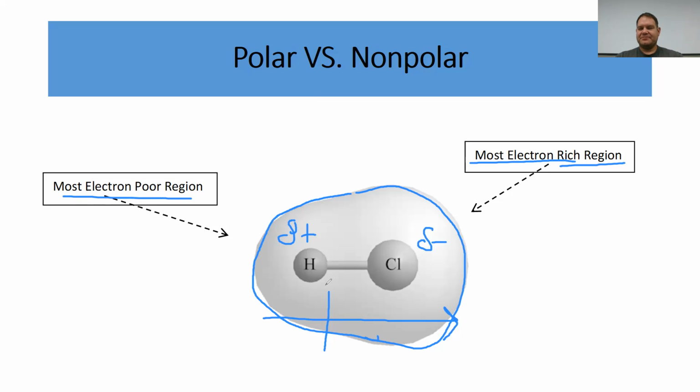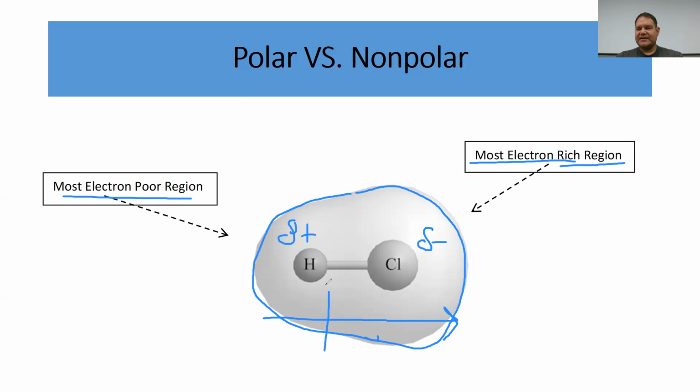A couple of things I want you to walk away with before we finish: when you have two elements forming a covalent bond, if there's a big electronegativity difference between the two atoms, there's going to be an unequal sharing of electrons.